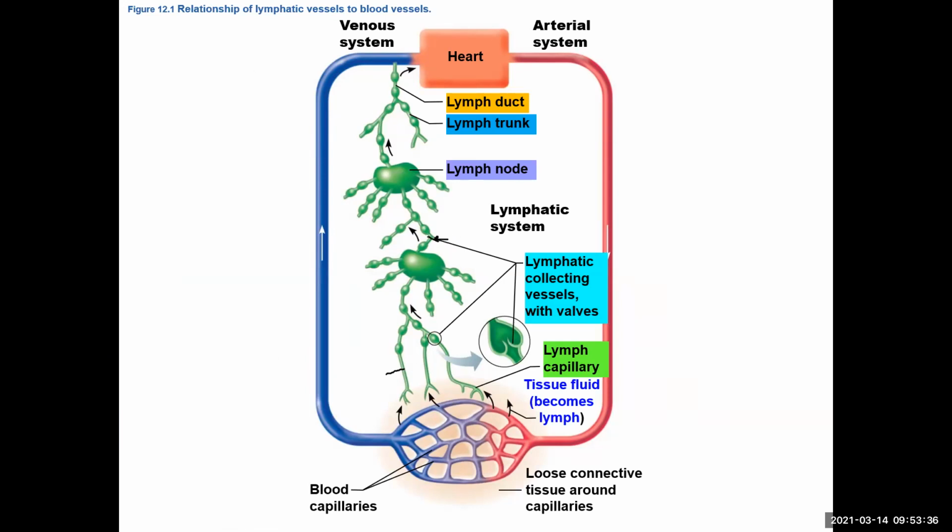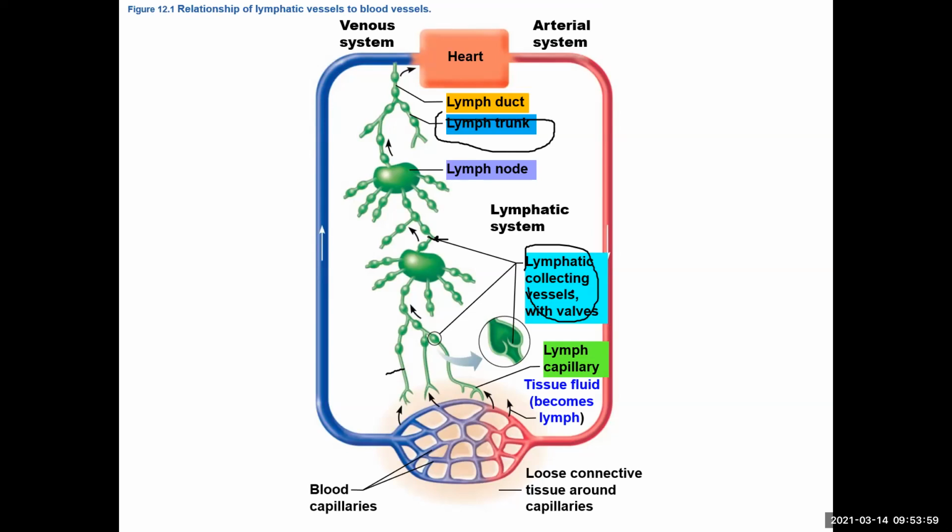These collecting vessels are thicker than the lymphatic capillaries and have plenty of valves present in them. And finally, after these collecting vessels, they all unite to form a bigger vessel called a lymphatic trunk.